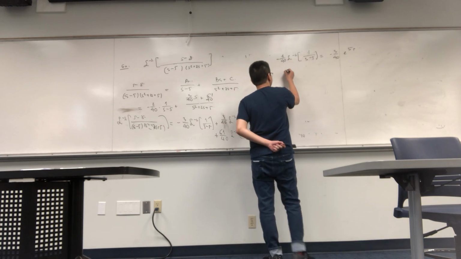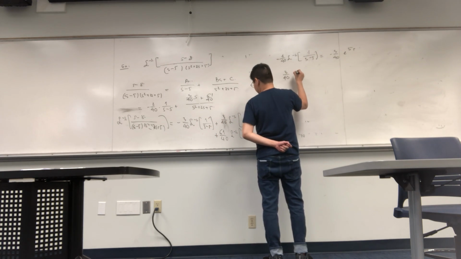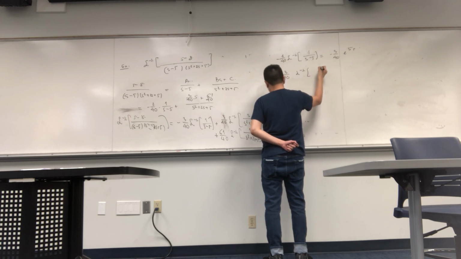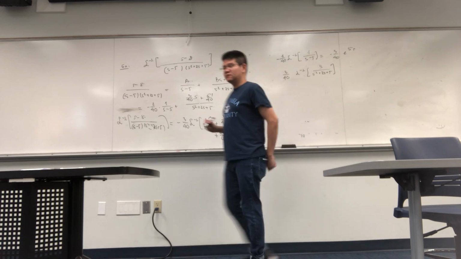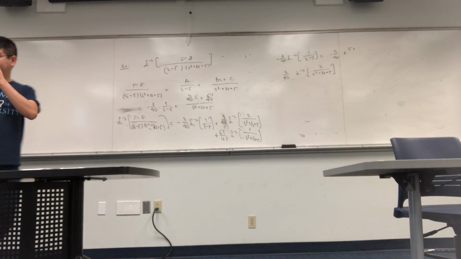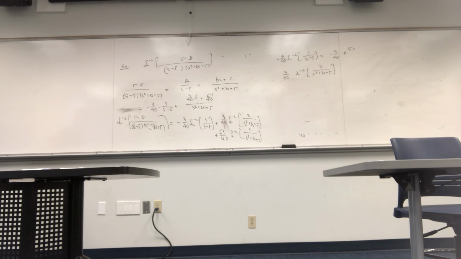we have to compute 3 over 40 of the inverse Laplace transform of s over s squared plus 2s plus 5. What formula should we use? Yes.